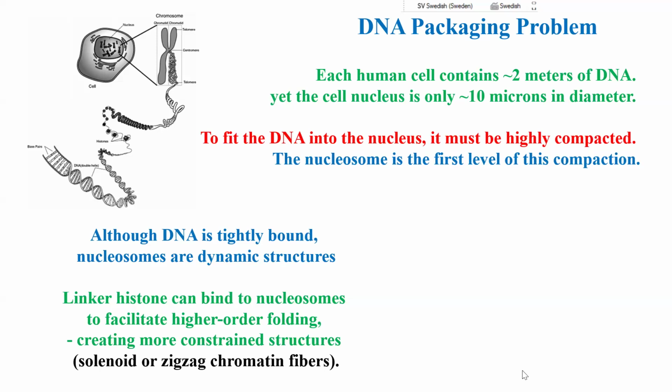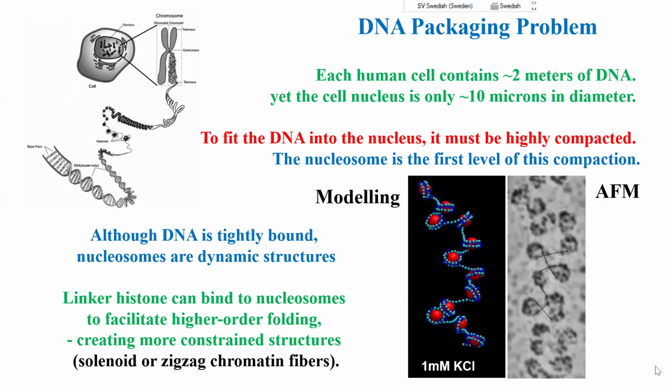So then linker histone can bind these nucleosomes to facilitate higher order folding, and this creates more constrained structures, called solenoids or zigzags and so on. So I show you here two figures.